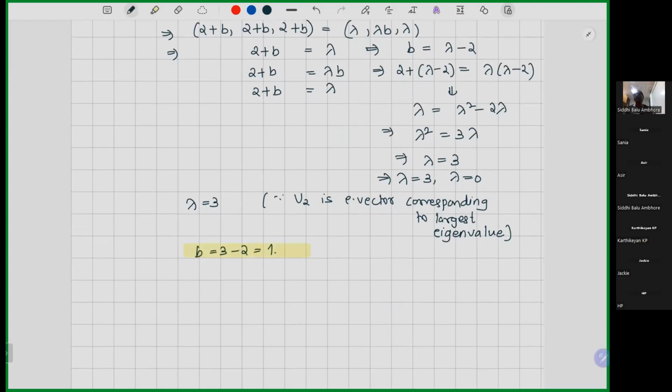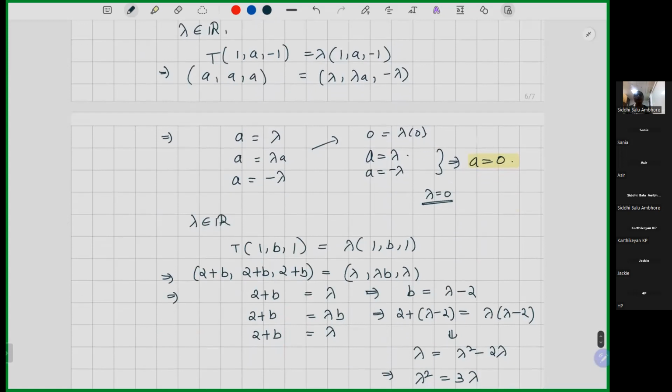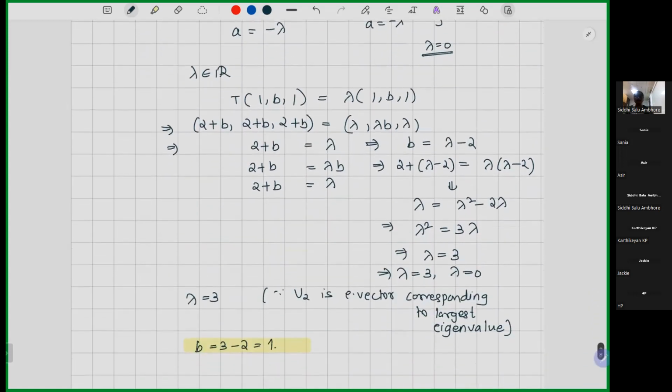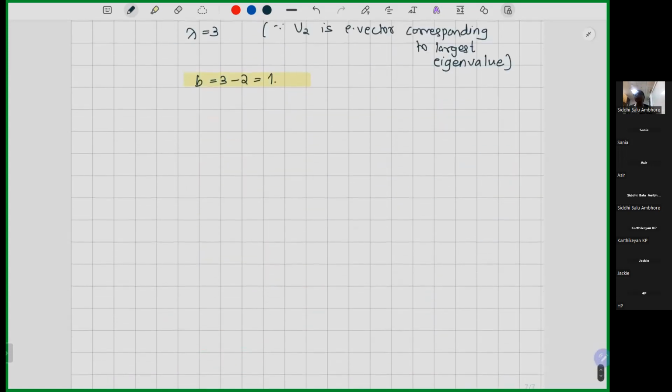Is it okay? If you are not clear with this, it's okay. But this is just something I wanted to mention. It will kind of save your time in the exam if you are appearing for exam. Okay, so if there is any doubt, please let me know. Otherwise, I will go ahead with next question.